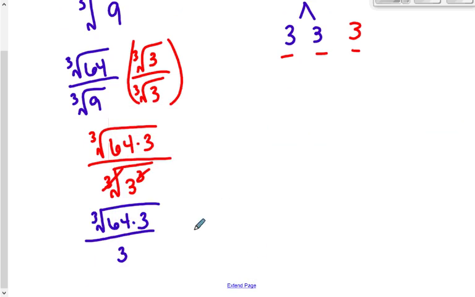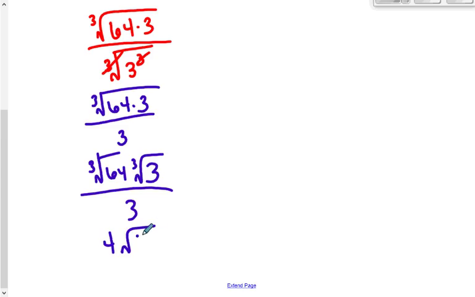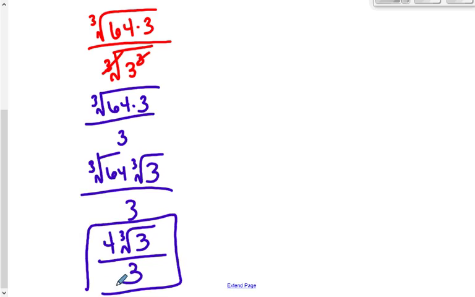So if 64 is a perfect cube, I could rewrite that as the cube root of 64 and then the cube root of 3 on the top. Right? Cube root of 64 we saw was 4. And then times the cube root of 3 over 3. And that is G.